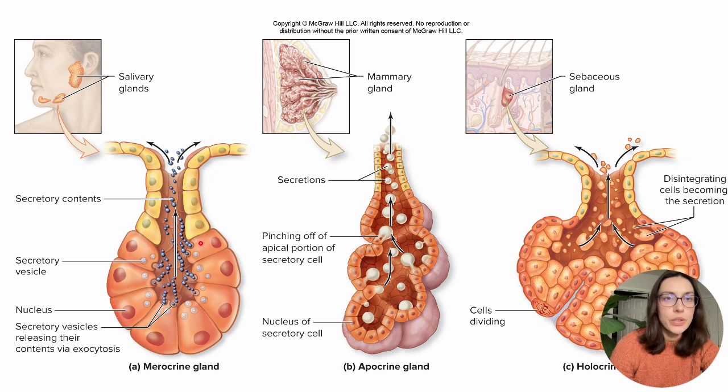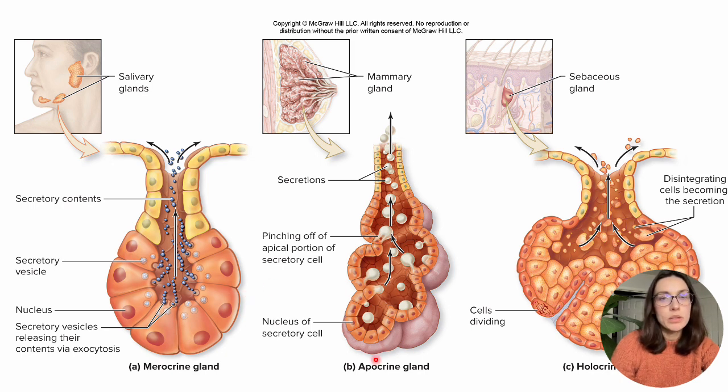So these cells right here are epithelial cells, but they're also secretory cells because they're epithelial cells that secrete stuff. This is their apical side of the cells into the lumen, or the hollow space of the duct. This is the basal side of the cells, and it's connected there to some connective tissue by the basal membrane.